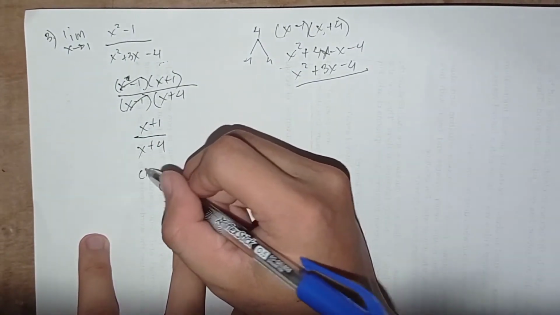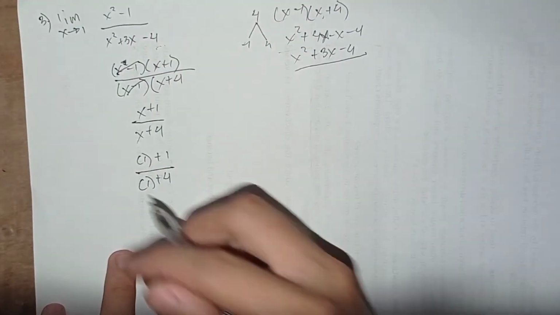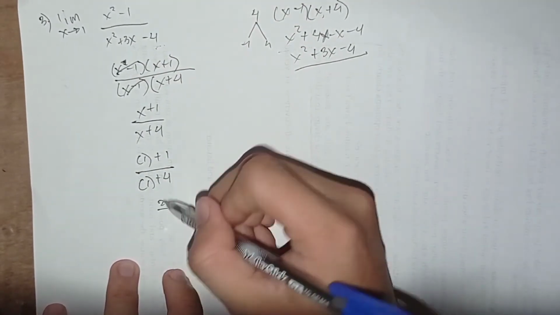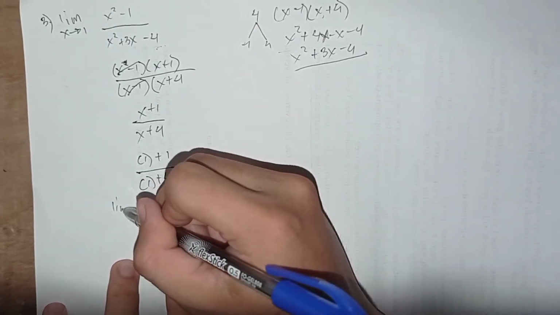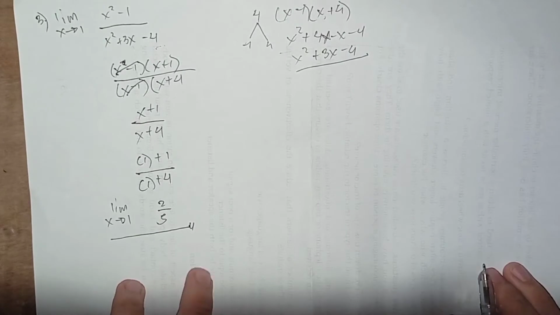Plug in 1: 1 plus 1 is 2 over 5, so the limit as x approaches 1 is 2 over 5.